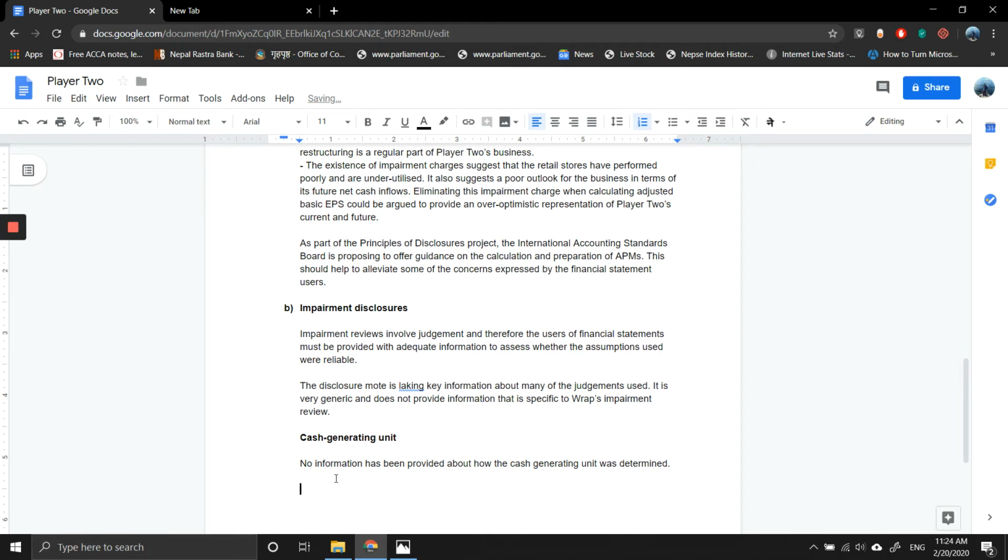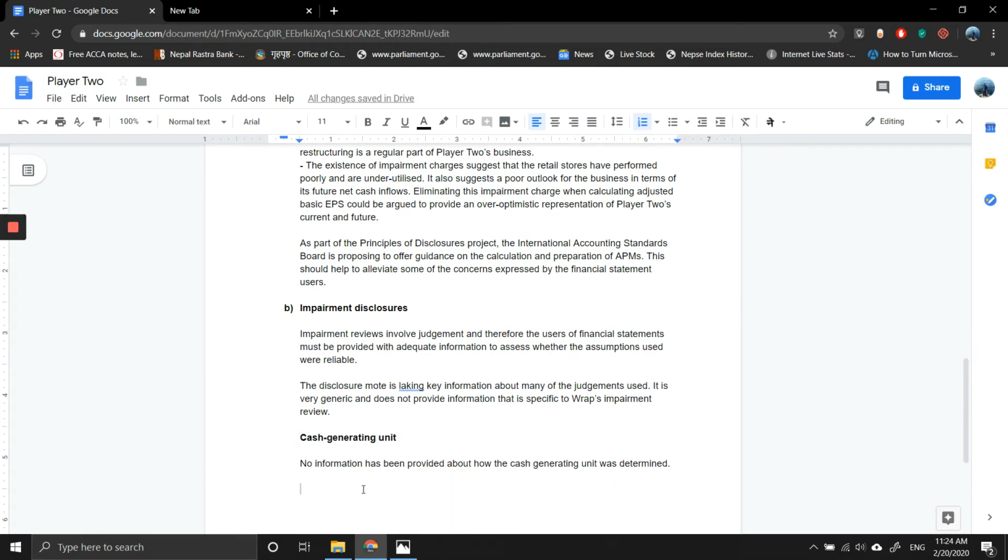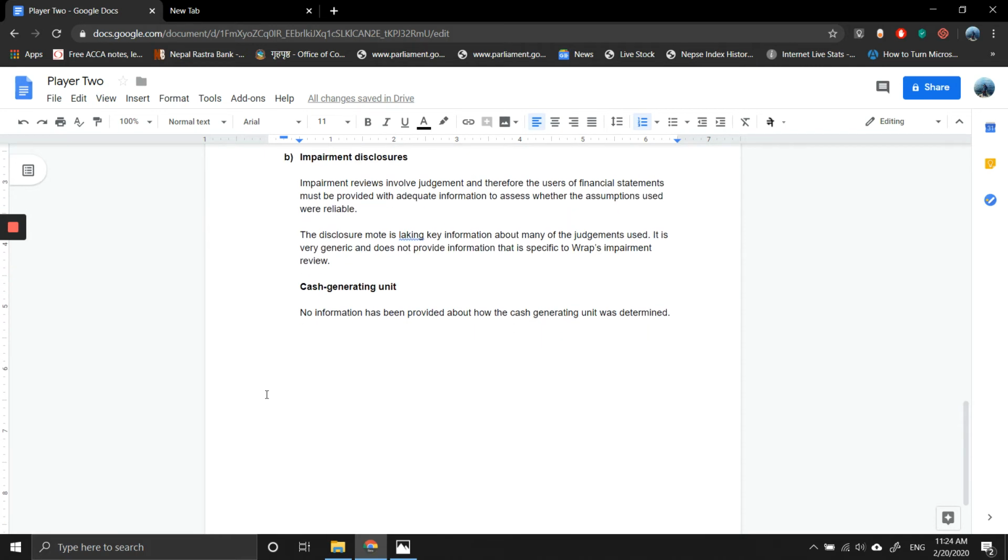And what else have they not given in the case of the cash generating unit? They have just said that goodwill was allocated, so they have not told us how, or on what proportion. That is also not told, right?